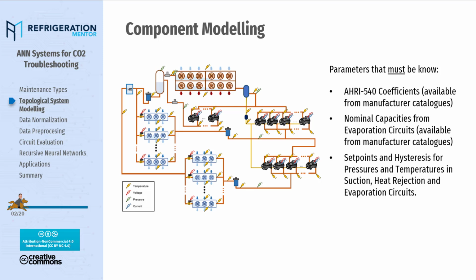This will help us estimate the mass flow and current consumption. Second, the evaporator nominal capacities at such conditions, and airflow drawn from the fan catalog. And the third one, the set points and hysteresis for pressures and temperatures for the evaporation and rejection sides.